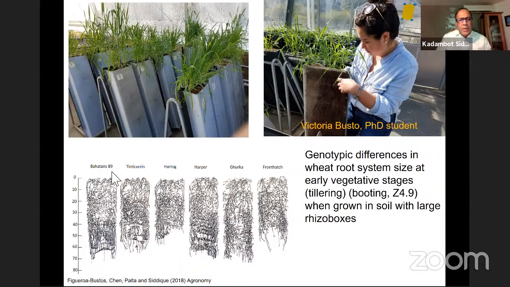So we got different cultivars, and the main message here is that what we found in the semi-hydroponic system, to a large extent, was true. In other words, a genotype with a large root system in the semi-hydroponic system also held true in a soil system when we looked at it in a rhizobox situation.